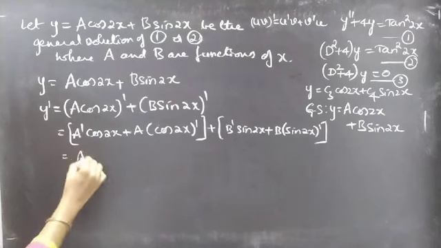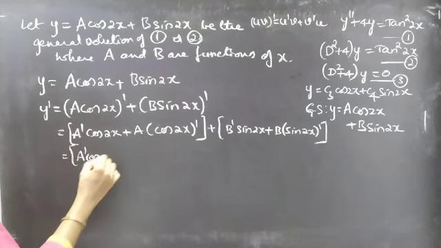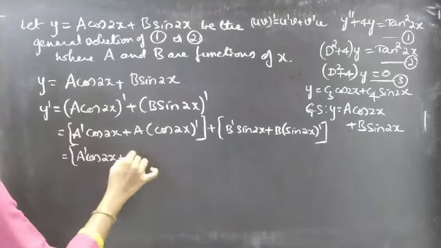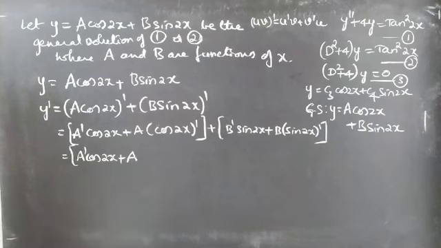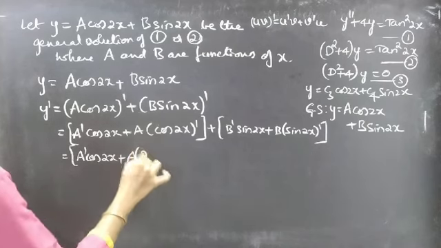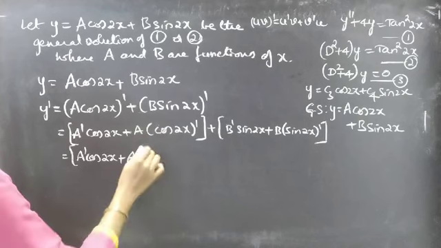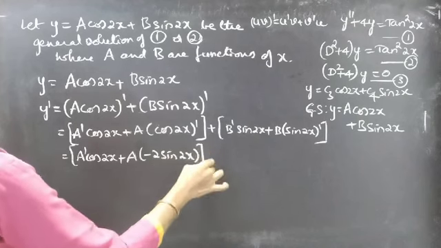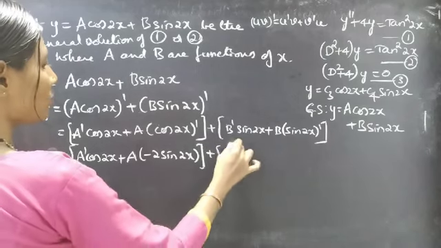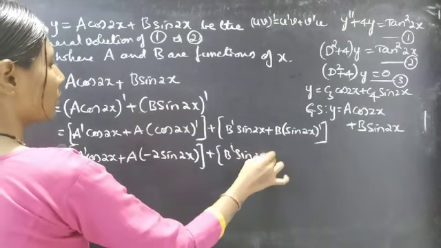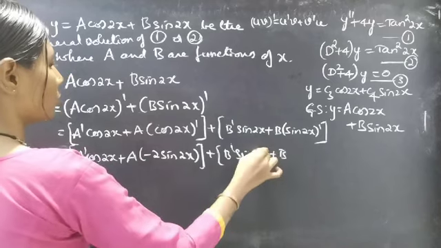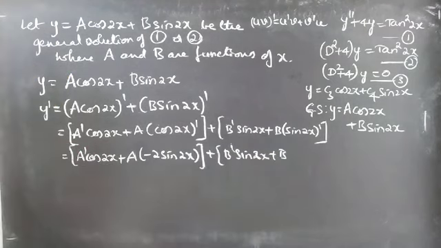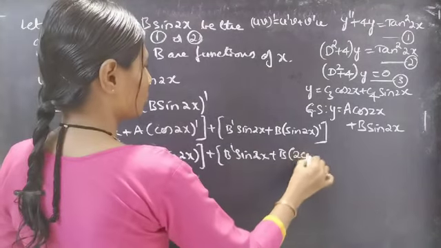This is equals to a' cos 2x plus a into derivative of cos 2x with respect to x, which is minus 2 sin 2x, plus b' sin 2x plus b into derivative of sin 2x with respect to x, which is 2 cos 2x.